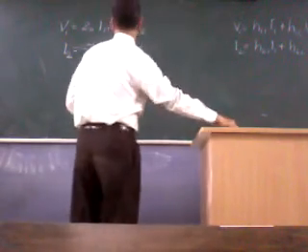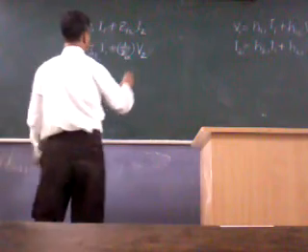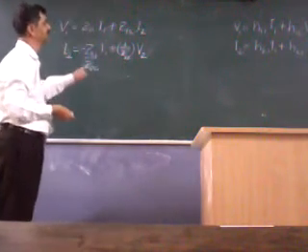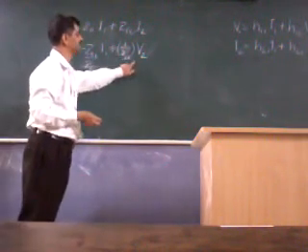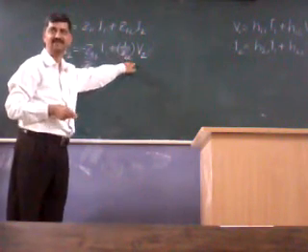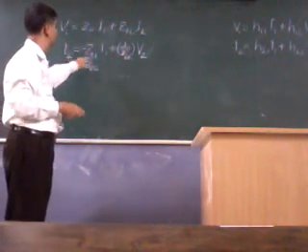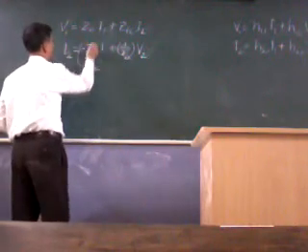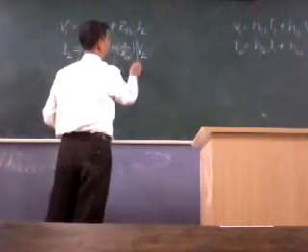So I am finding that this is as good as the correct equation. Is it? I2 is equal to minus something into I1 plus something into V2.